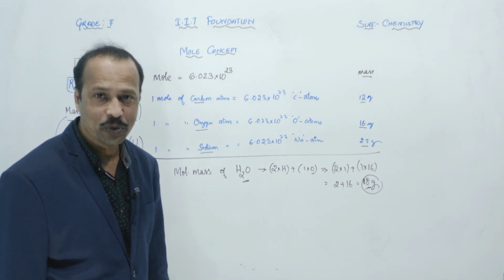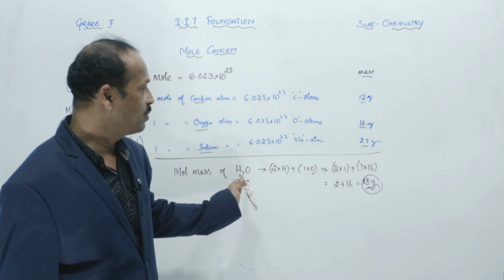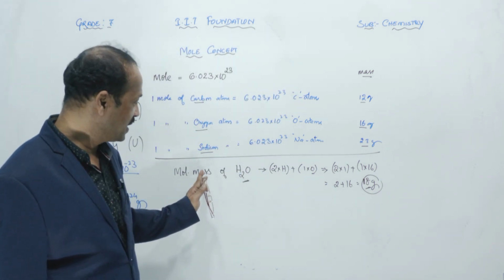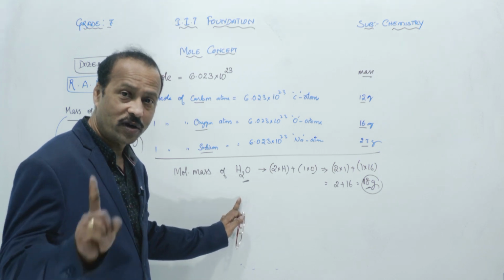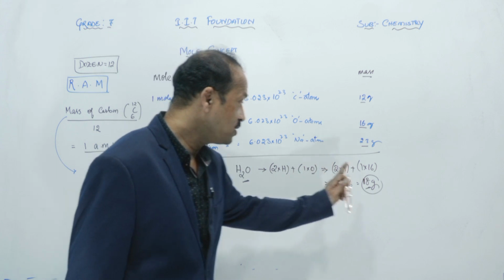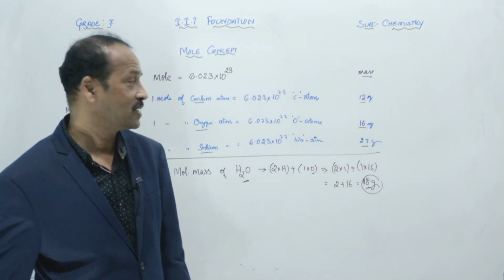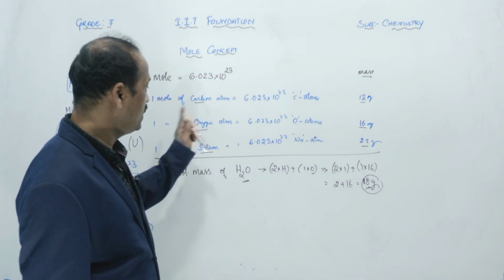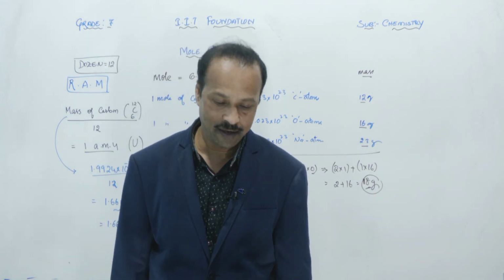Clear now? So the meaning is what? Again, it is 1 mole. 1 mole of water is equal to the molar mass of water. How much did we get here? 18 grams. So 18 grams of water is equal to 1 mole. And you know that 1 mole is equal to 6.023 into 10 to the power 23. Clear?